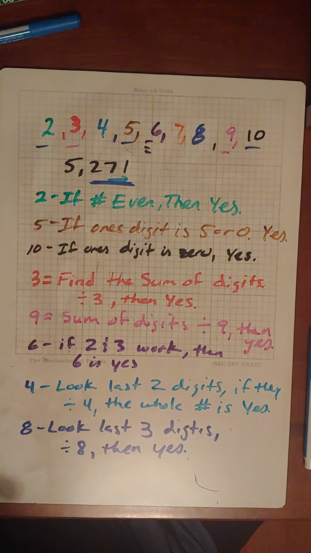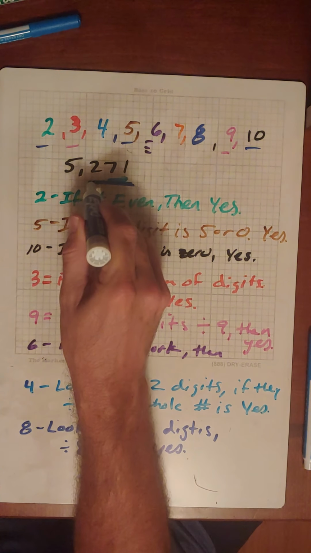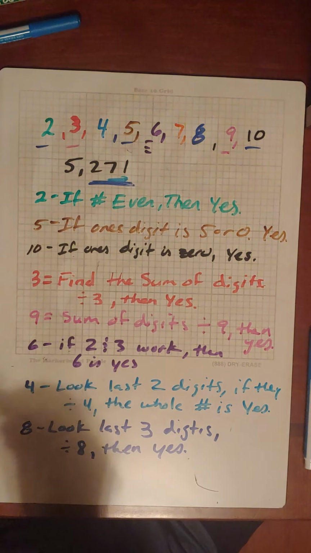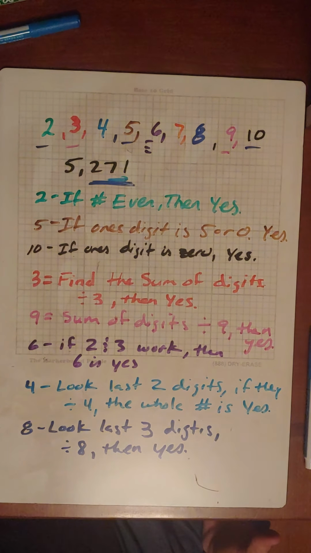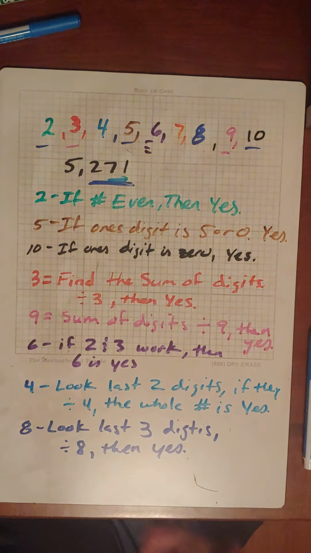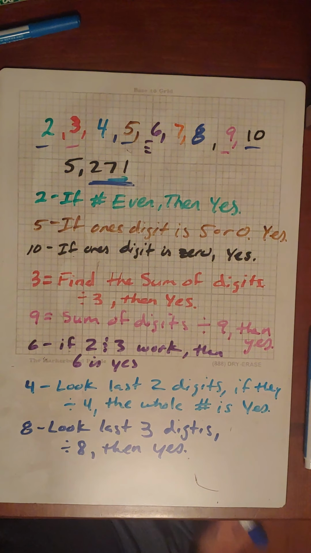Does 8 go into 271? Well, I don't think so. I don't know anything that equals 8 times 27, or 8 goes into 27, so this would be a no. But it's not super easy. It's not as easy as some of the other rules, but it's better than dividing the whole thing out and realizing it doesn't work, right? This really is great for when you're trying to find common denominators. These rules can help a lot.